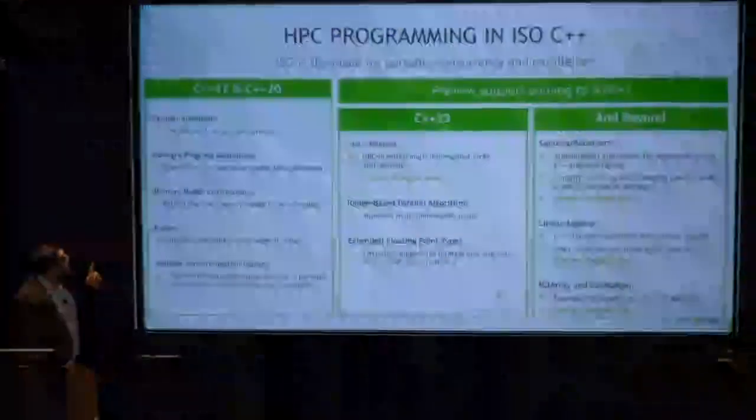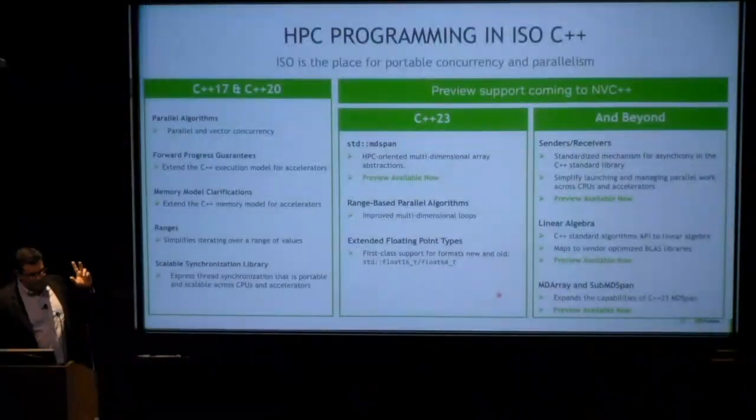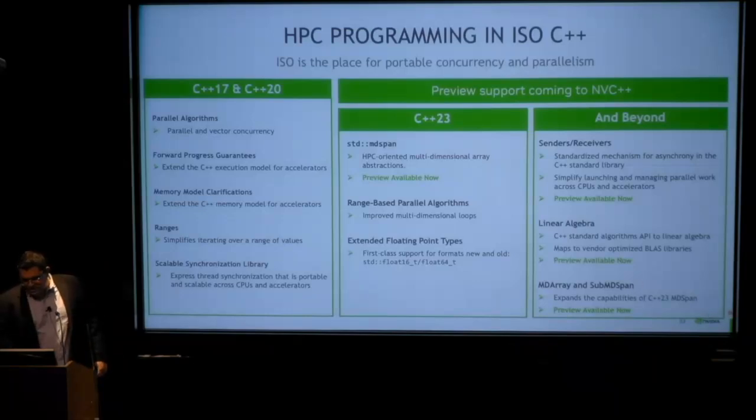Okay. So again, now we're going to talk about HPC programming in ISO C++. C++ has a long pipeline supporting parallel programming. It technically could go all the way back to C++11, but we're going to mainly talk about C++17 when the parallel algorithms library began to be supported.